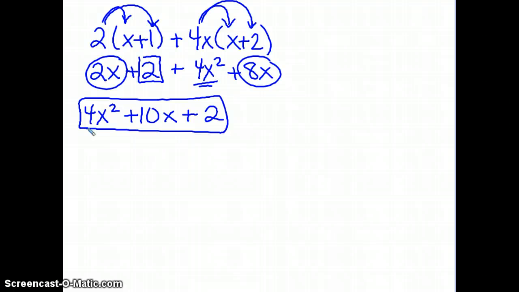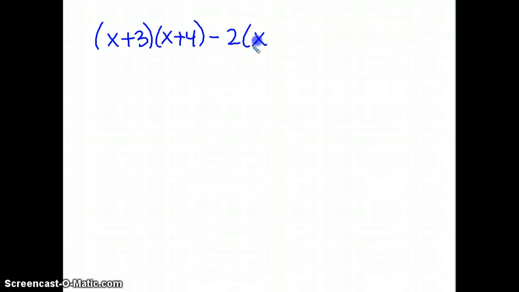Let's try another example. My next example is quantity x plus 3 times quantity x plus 4 minus 2 times x minus 1. So in this example, you're going to have to FOIL, or distribute twice.